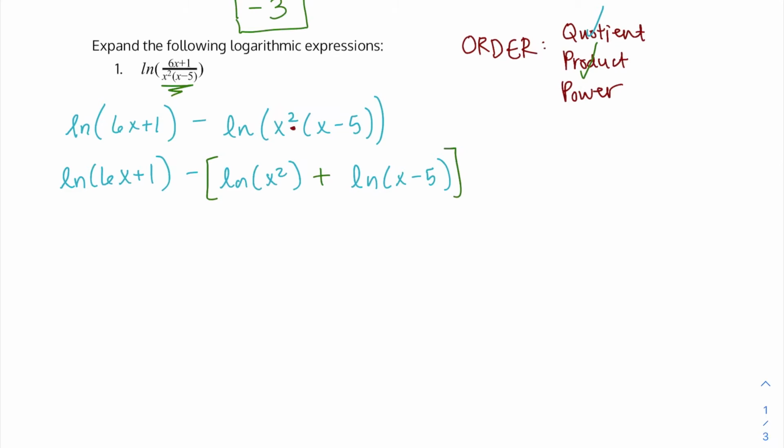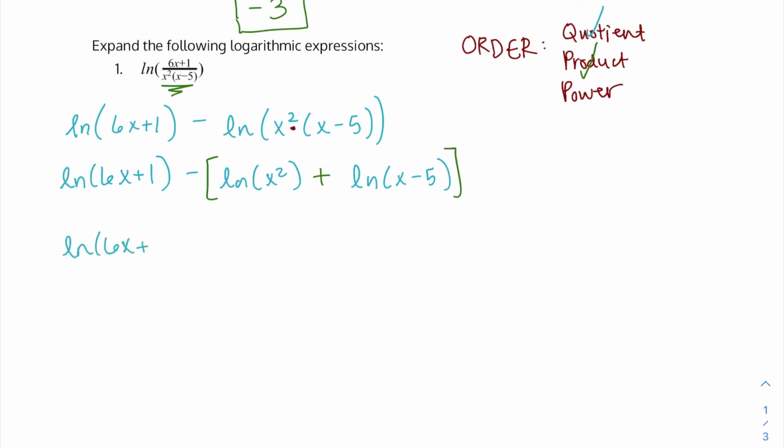You just take any exponents that are on the entire argument of the log and bring them down out front as a coefficient, right? If I had a square right here, again, I couldn't use the property on it. The whole argument is not being squared, just the x's. So I can't use the property on that, but on this one, the entire argument is being squared, so I'll bring it down front as a coefficient.